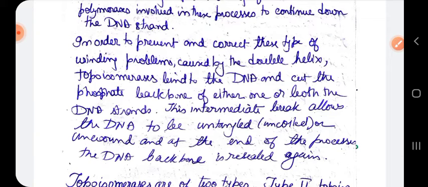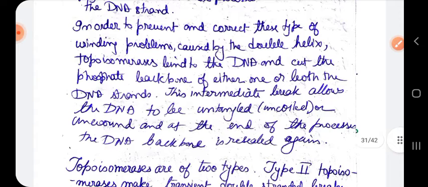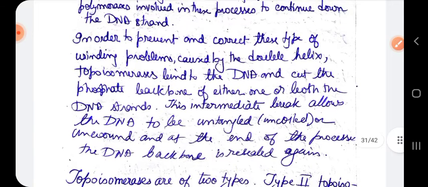The break that is caused is not a permanent break, it is an intermediate break. After breaking that strand, it allows the DNA to be untangled. Untangle means to uncoil that supercoiling, or you can say the DNA becomes unwound. At the end of the process, the DNA backbone is resealed again.